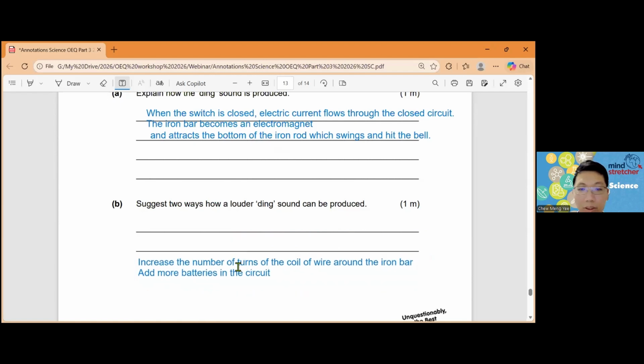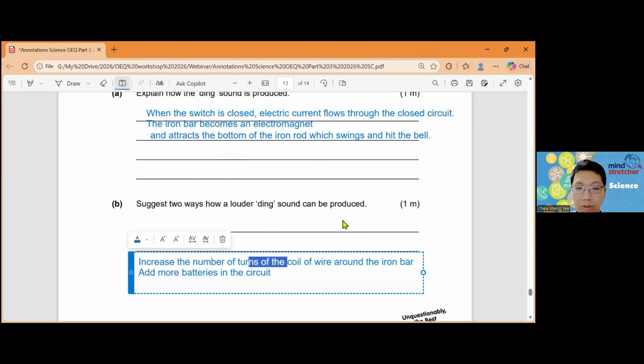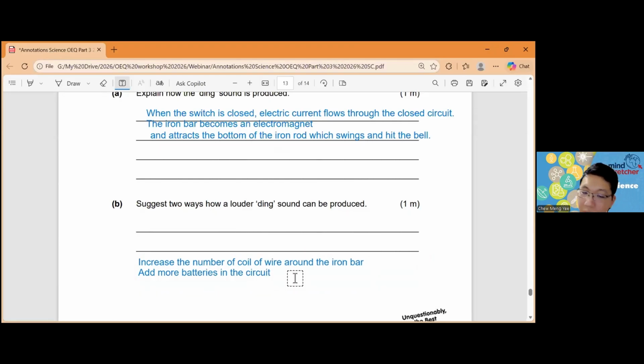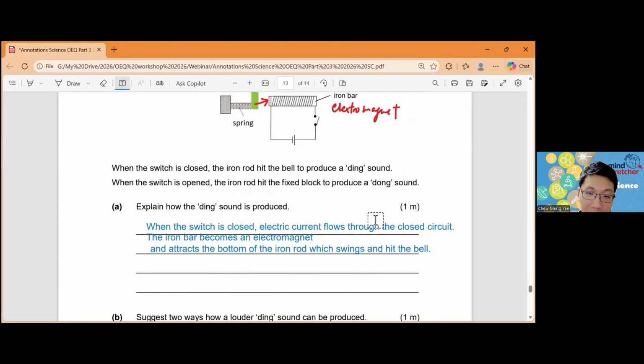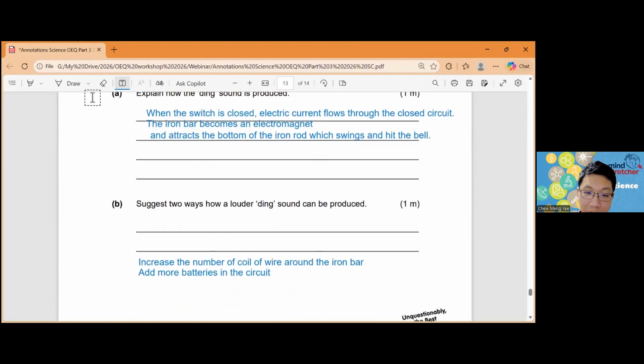Answer here. Increase the number of turns of coils of wire, increase the number of batteries. These are the 2 ways to make the electromagnet stronger. And therefore it will attract the iron rod with a greater force.